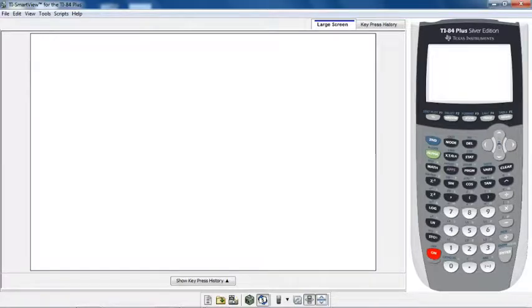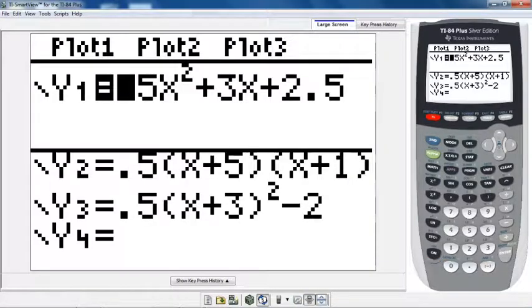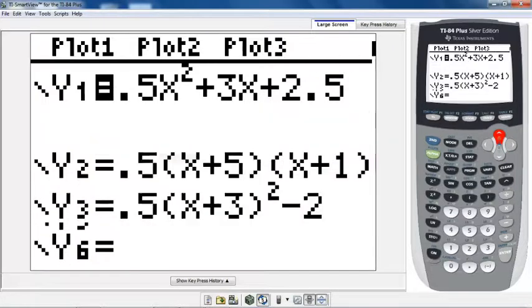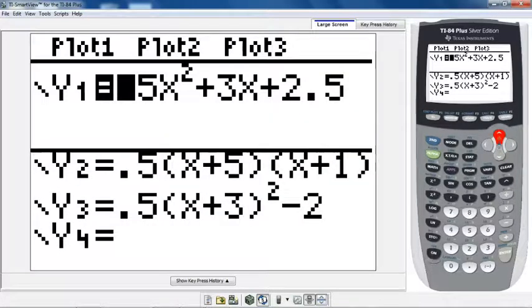So let's go to y equals, and then I'm just going to say for the first one like 0.5 x squared plus 3x plus 2.5, because then I don't need parentheses and then I don't have to write a fraction. And I already typed all 3 of these in here, but since I only highlighted this one, see how the equals sign is highlighted on this one? That means it's only going to graph this guy. So we know it's going to make a parabola.